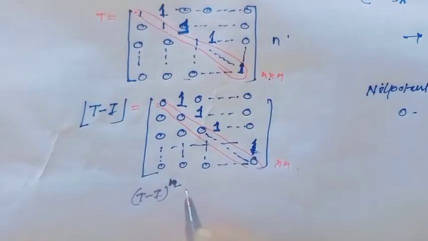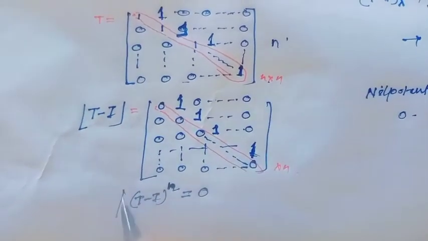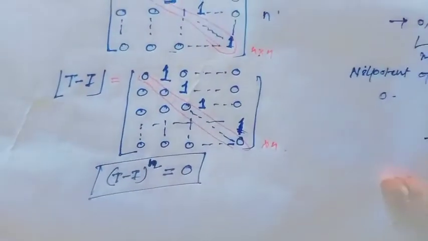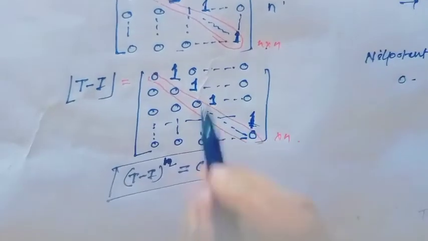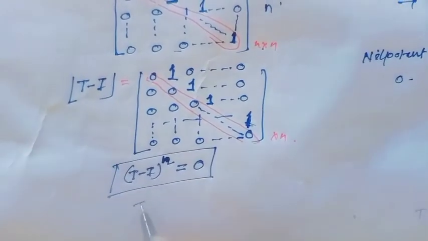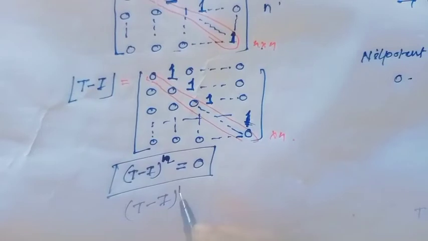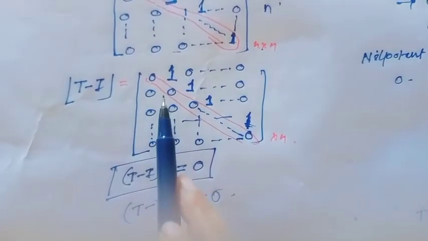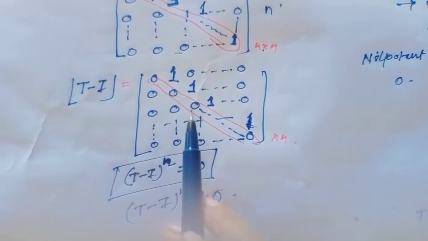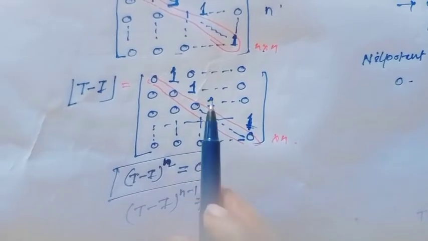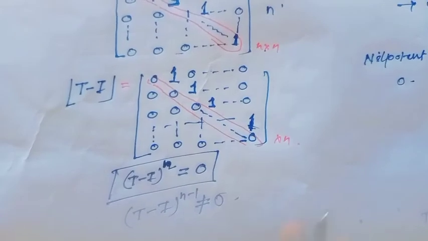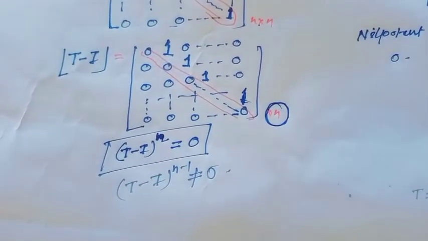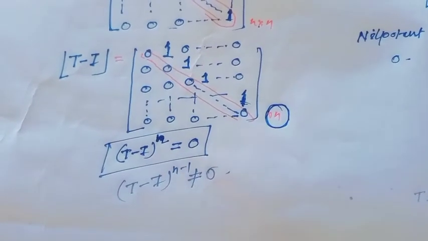That means (T minus identity) to the power n equal to the 0 operator. Okay. That implies (T minus identity) to the power n minus 1 is not equal to 0, because, since this is the Jordan block of order n, this cannot be 0.